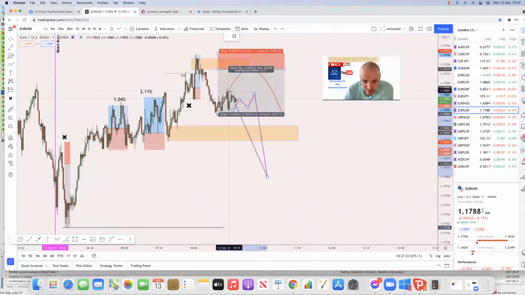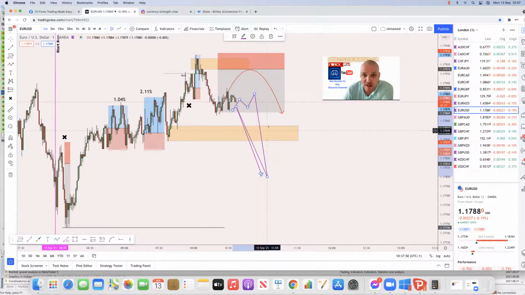We would then be looking for the return back up into here, which would be the last up before the down, which would be the order block. Not this one. I would be using this one as the order block if price was to come and break through this structure here, okay?